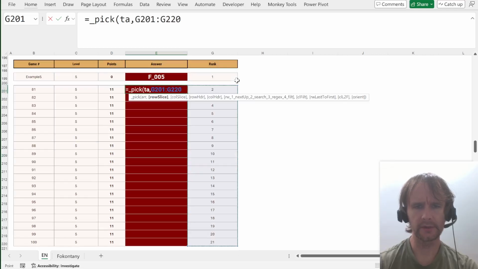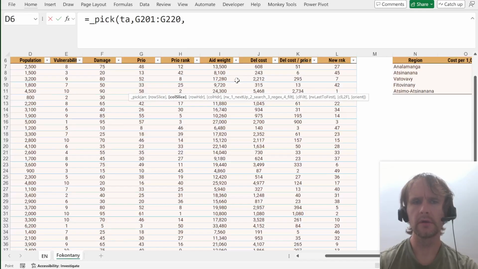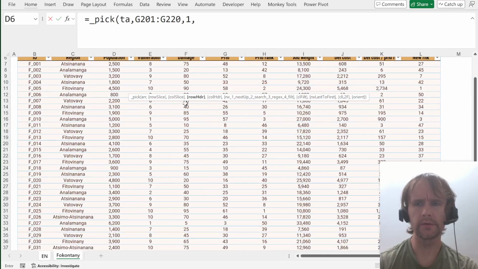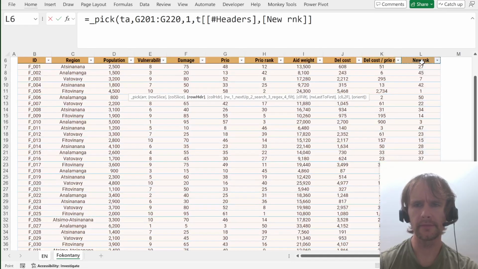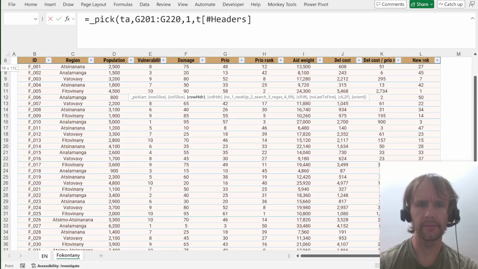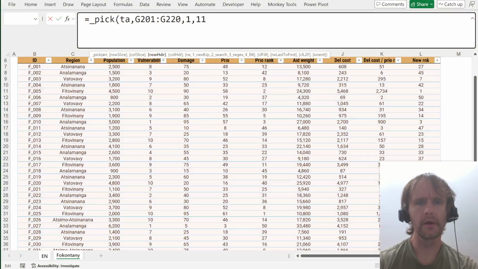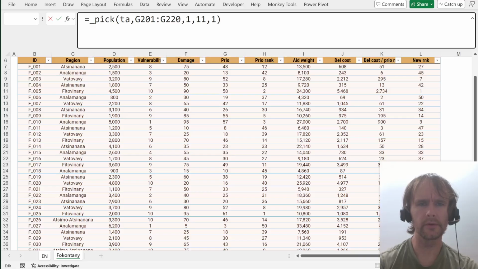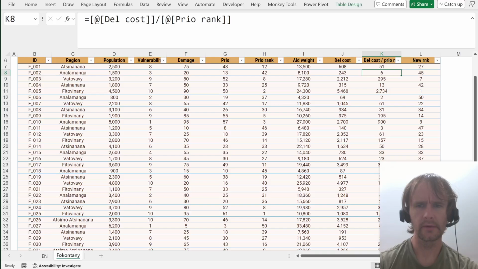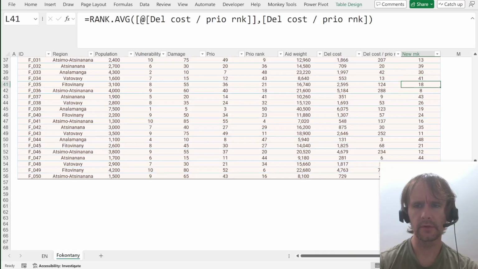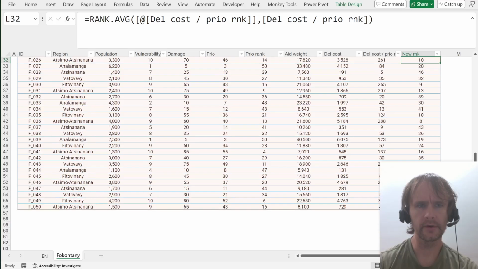The row slice is this, and the column slice is 1, and the row header is what is that? LM12? 11? I don't know how many columns are there here. 11. And the column header is 1. Is that right? Yes. F25. We're on F25, number 2.